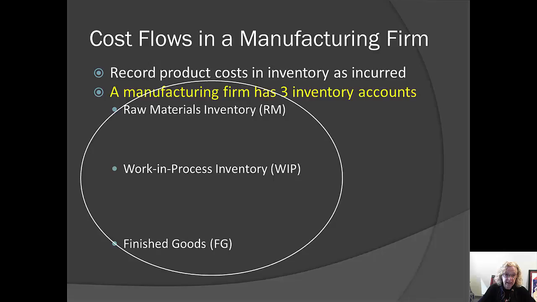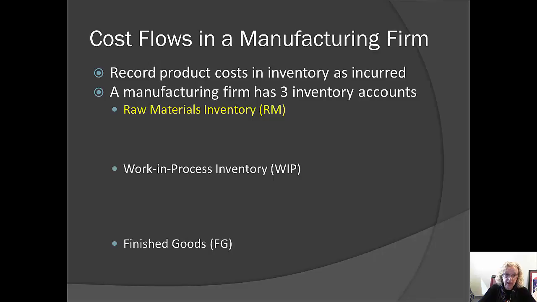The work in process inventory represents all of the units that we have started to manufacture but haven't finished manufacturing yet. And the finished goods inventory represents the dollar value of all of the units that we have finished manufacturing but haven't sold yet. So let's take a look at the flow of costs through these accounts.